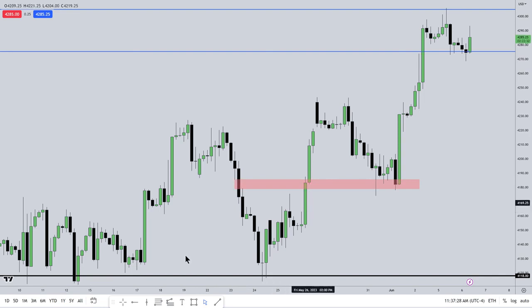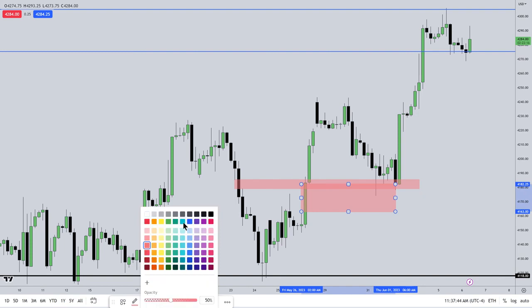Okay, so in other words, it would look like this. This is what you would anticipate as a fair value gap. Some of you would see this entry in this shaded area here. Some of my students would see this as their multiplier, meaning that they would go long when price dropped into it right there.